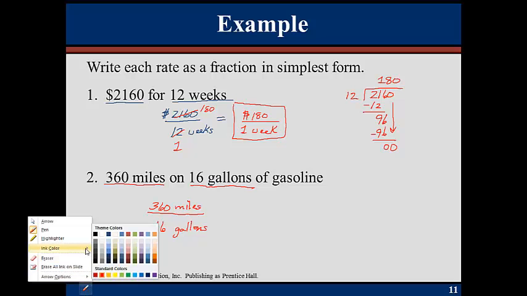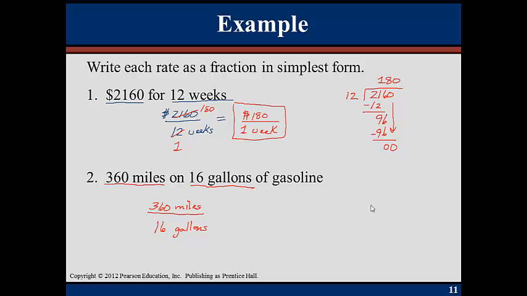We can again simplify by dividing both by 8. When we divide 360 by 8, we end up with 45. If we divide 16 by 8, we end up with 2. So now we have 45 miles on 2 gallons of gas.